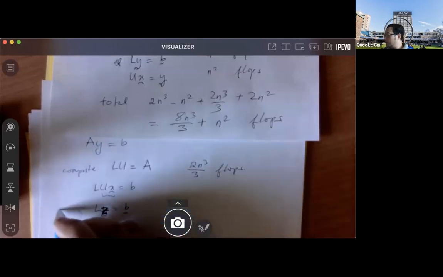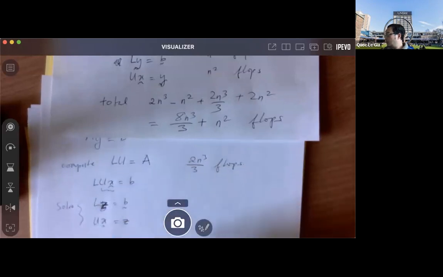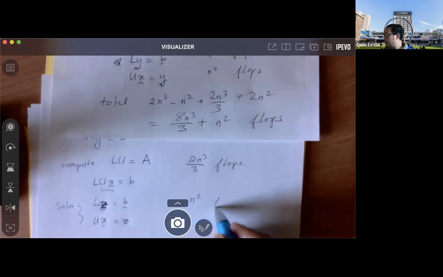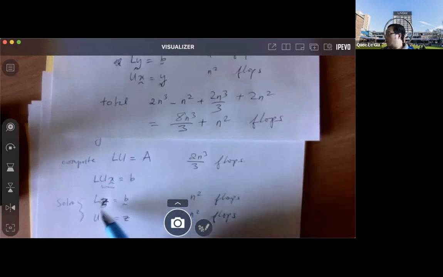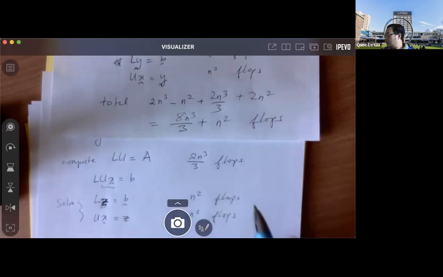So you solve two linear systems. This one takes n squared flops, and this one n squared flops. Remember we have a lower triangular system and an upper triangular system.